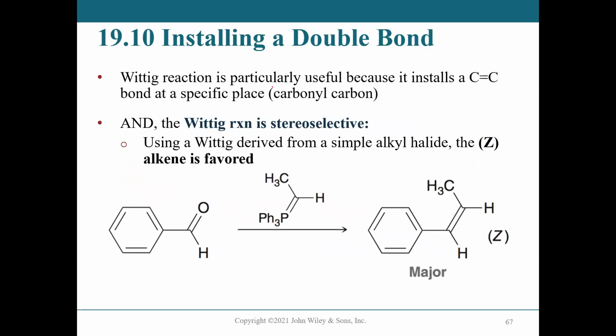It says a Wittig reaction is particularly useful because it installs a carbon-carbon double bond at a specific place, at the carbonyl carbon. And the Wittig reaction is stereoselective. So using a Wittig reagent derived from a simple alkyl halide, the Z alkene is favored. See, Z means the same side.